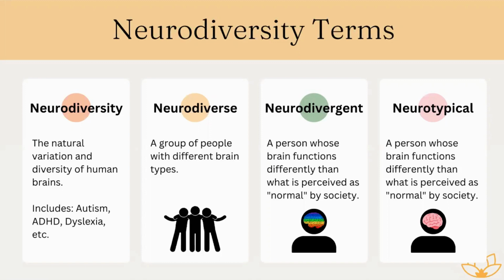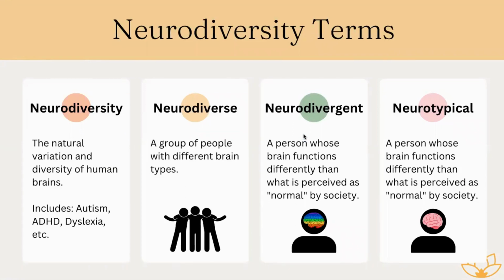Neurodivergent is a person whose brain functions differently than what is perceived as normal by society. And neurotypical is a person whose brain functions, I'm sorry, that says differently, but it should say normally, as what is perceived by society. So people who are neurotypical have what would be typical development in terms of social development, brain development, things like that.